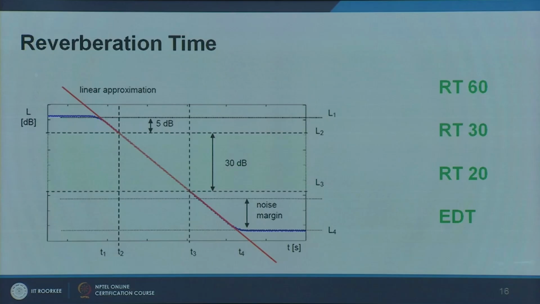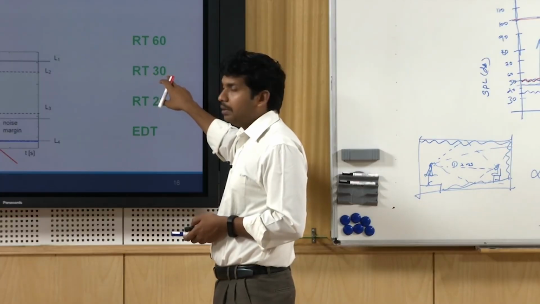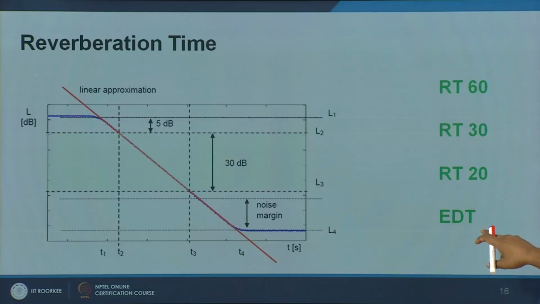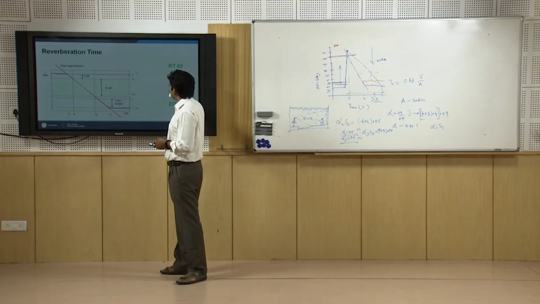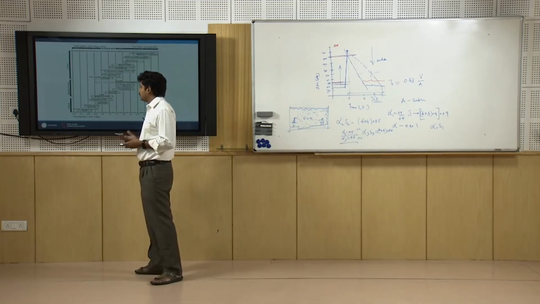RT60, that is decay of sound pressure level by 60 dB, RT30 which is 30 dB decay, T20 which is 20 dB decay, and early decay time corresponds to a 15 decibel decay or lower. It corresponds to early reflection and its decay. Most commonly used, as I said, is RT30. These are certain common reverberation times which are specified.